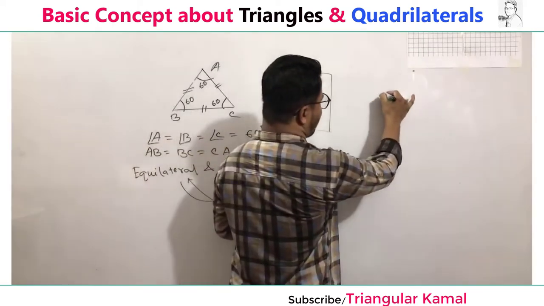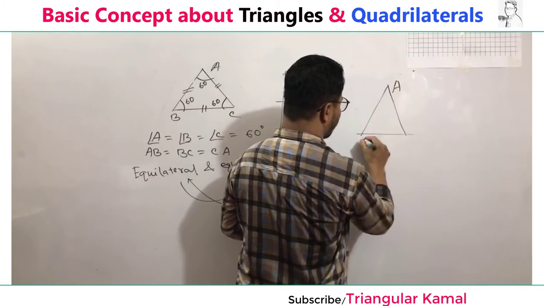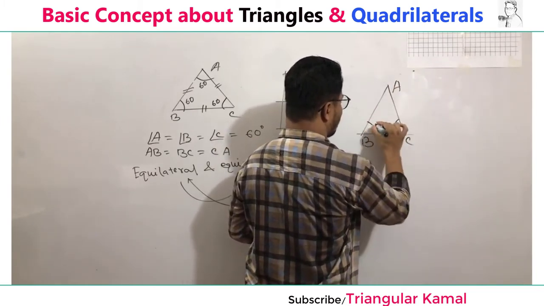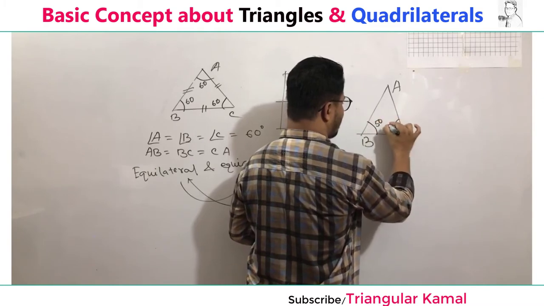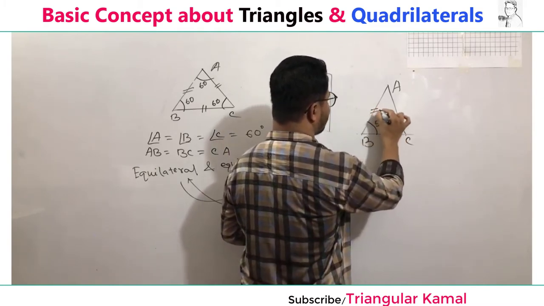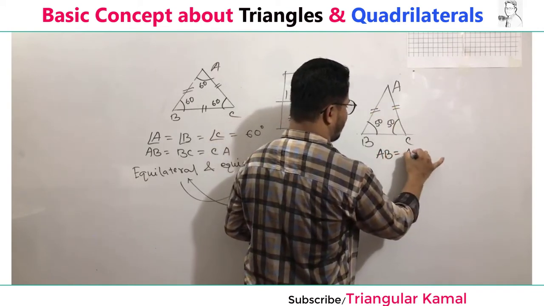Like this one, let me clear this. A, B, C. When two angles are equal, like this one is 50 and this one is also 50, then the opposite sides of the equal angles are equal, AB equals AC.